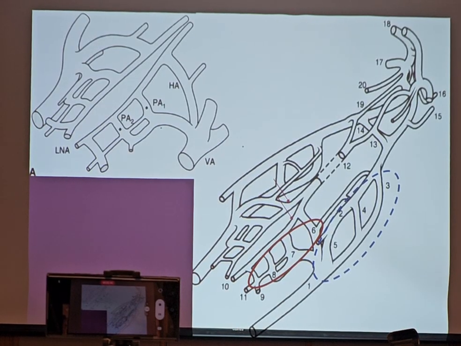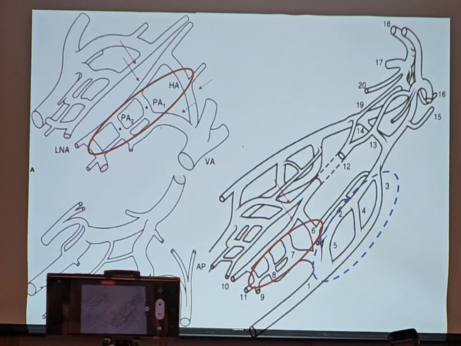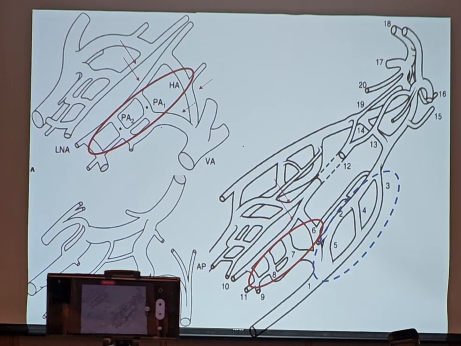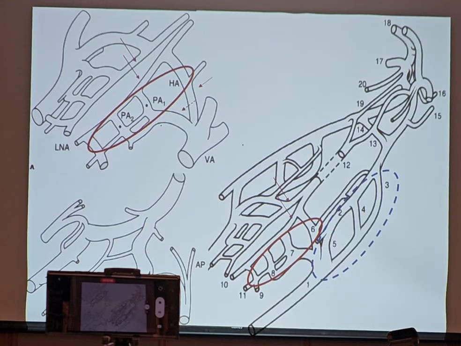There are paramedian axis arteries that are also shown there. The longitudinal neural arteries then start to fuse, and when they fuse at the caudal level, it becomes the anterior spinal artery, and at the cephalad, cranial level, it becomes the basilar artery.